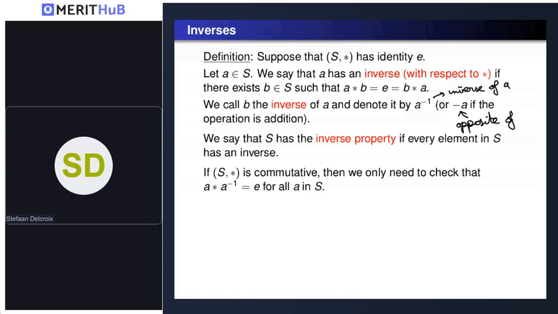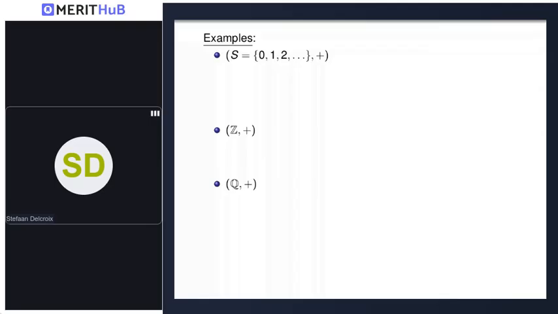Okay? So let's go back to our standard examples: numbers under addition, numbers under multiplication, matrices under addition and multiplication. So let's look at the set S = {0, 1, 2, ...}. Why do I pick 0 in here? Well, this set has an identity. What is the identity for the set S under addition?